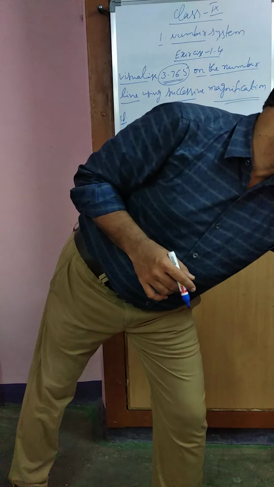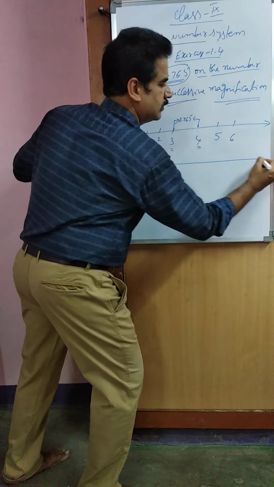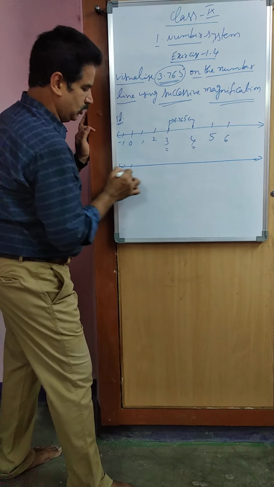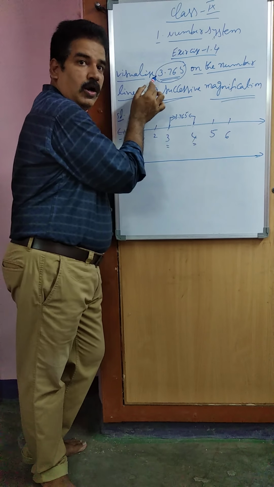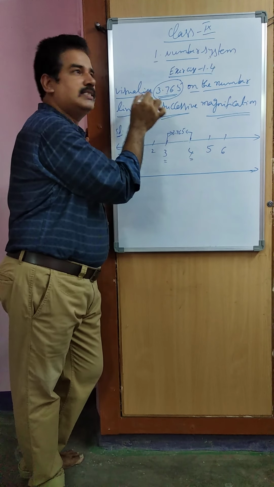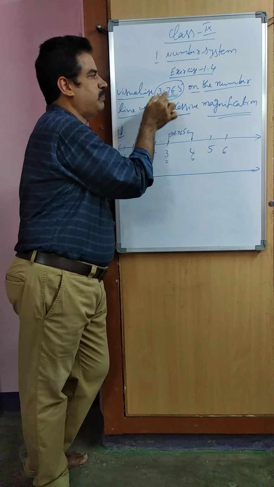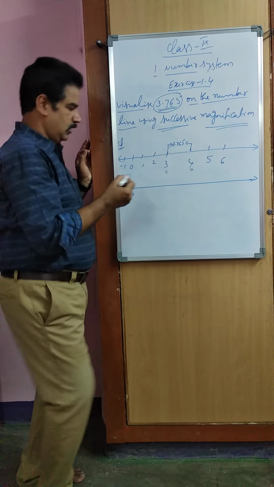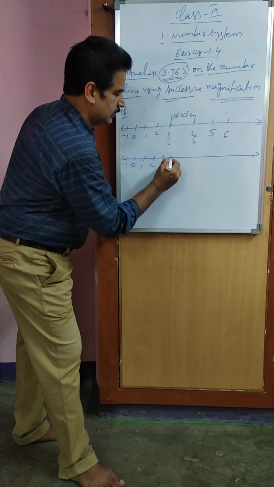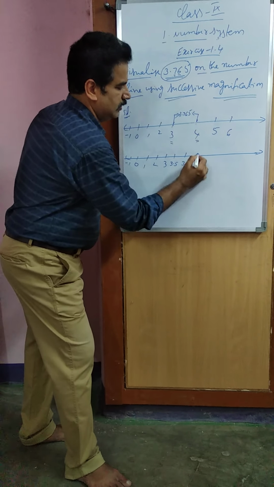And next, second step, again draw a number line. -1, 0. And now, whole part over. Now we are entering the first decimal part. 3.765 means it lies between 3.7 and 3.8. So 1, 2, 3, next 3.5, 3.6, 3.7.